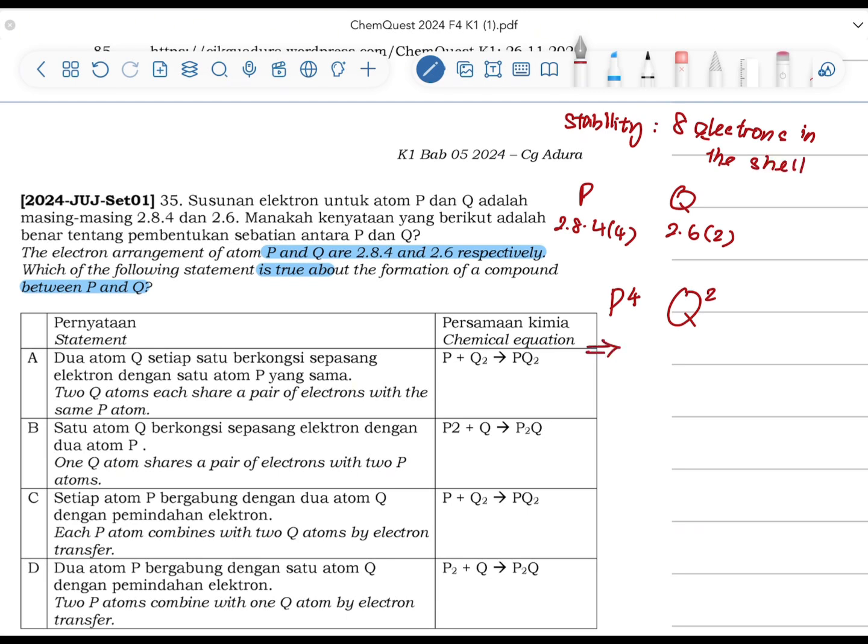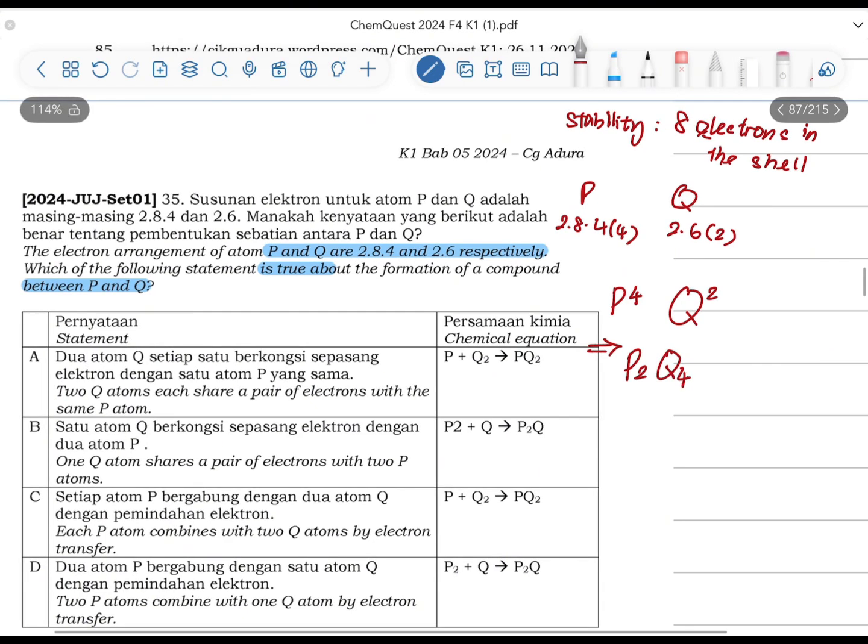So we can just copy it down. P2Q4. You need to copy down the opposite charge for that, okay? And then we can simplify the chemical formula to become PQ2. So actually, Q is oxygen.